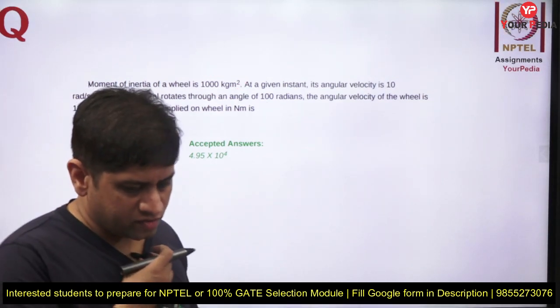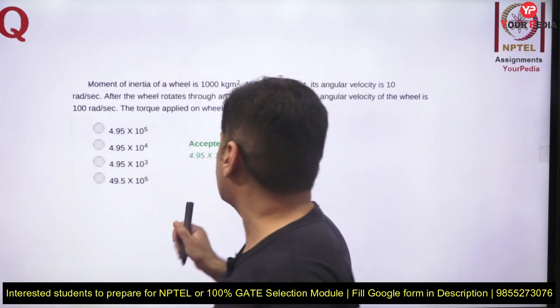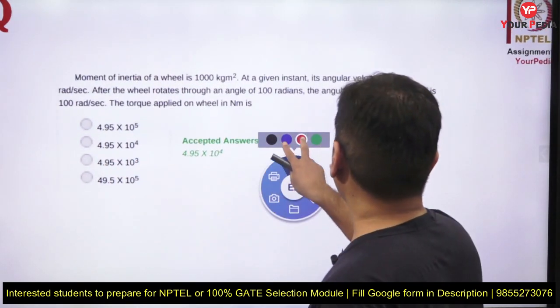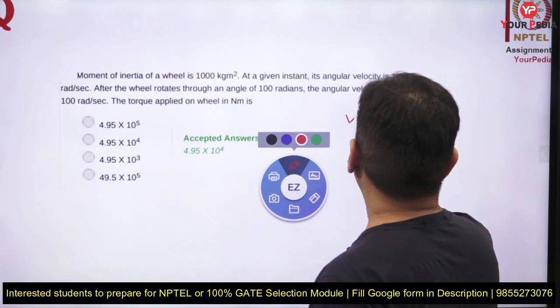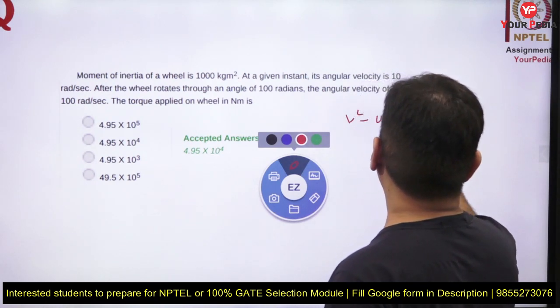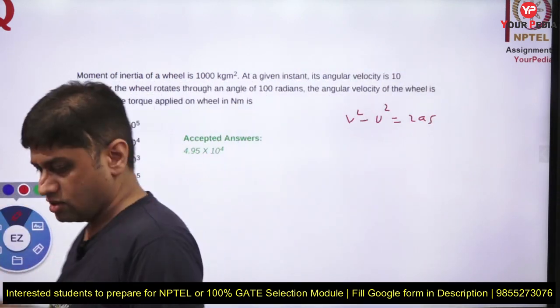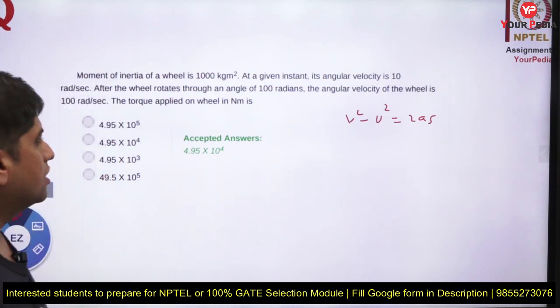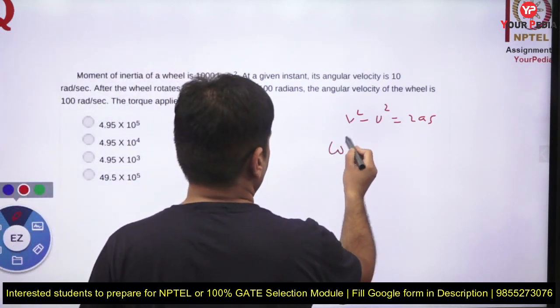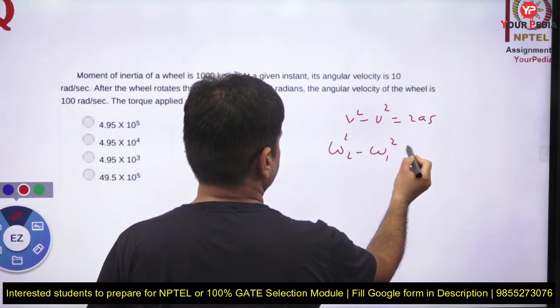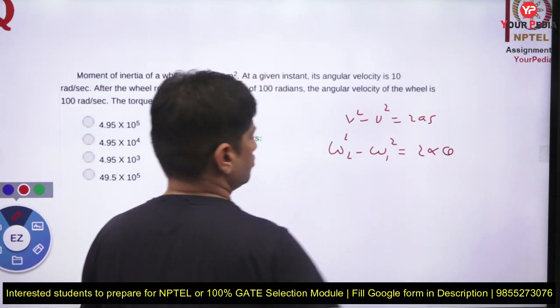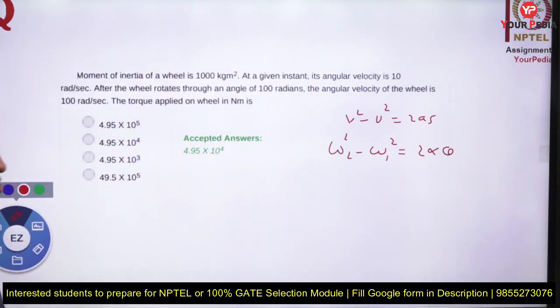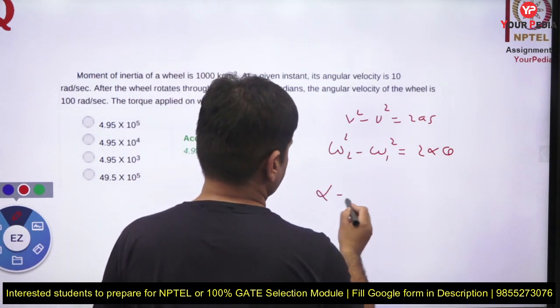So now we have got two angular velocities, and this is the formula. In linear motion this is the equation: v square minus u square is equal to 2as. For angular we say omega 2 square minus omega 1 square is equal to 2 alpha into theta. What we want to find out is the angular acceleration.